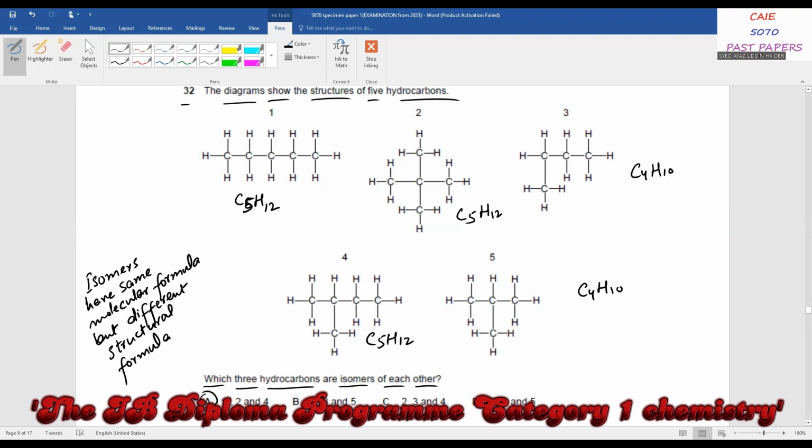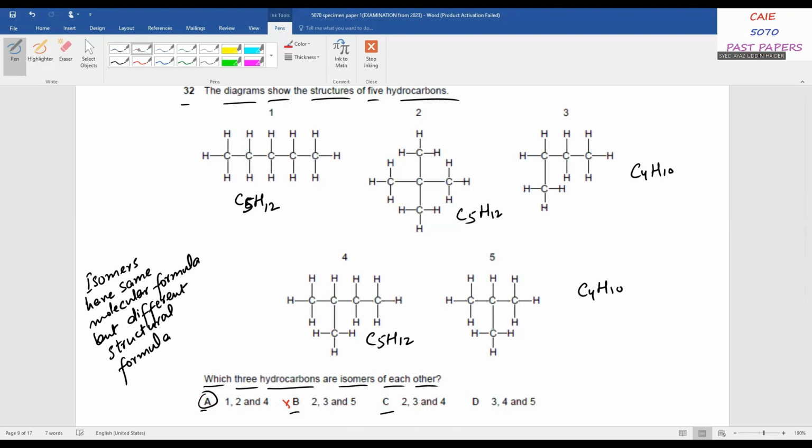I will check the other choices also. B, 2, 3, and 5. This is wrong. Number C, 2, 3, and 4. Again, this is wrong because C4H10 is a different formula from C5H12. Number D, 3, 4, and 5. Again, this is wrong. So we are left with only one, which is A, and it is the correct answer.